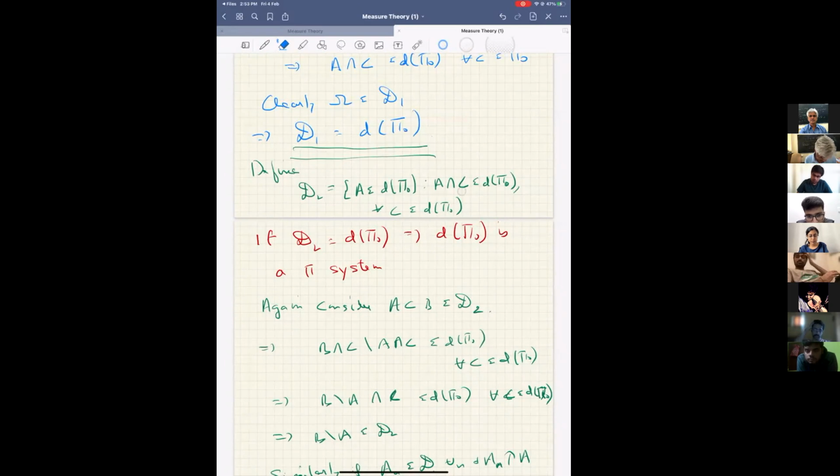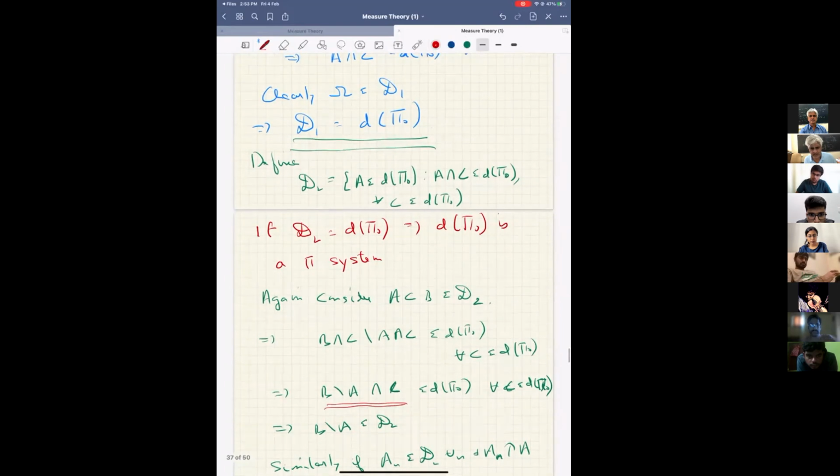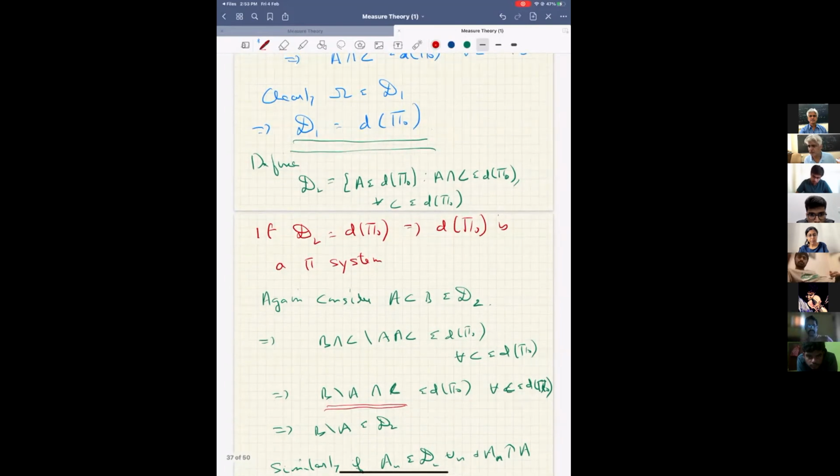Since A and B are in D2, that means A intersection C and B intersection C are in D of pi 0 for all C in D of pi 0. And again, this means that B minus A intersection C is in D of pi 0 for all C in D of pi 0. So B minus A is a member of D2 whenever B is bigger than A.